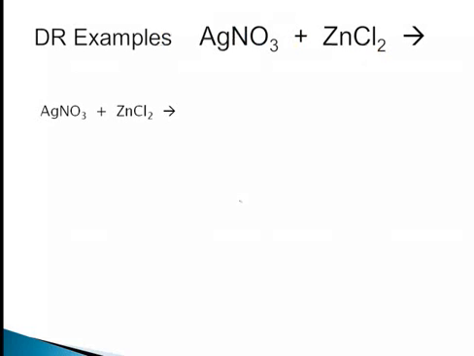So here we have silver nitrate and zinc chloride. This is the positive ion, this is the negative, positive, and negative. The silver and the zinc are going to swap places. So I'm going to end up with zinc nitrate. Now zinc is a +2, nitrate's a -1, so I need 2 nitrates.